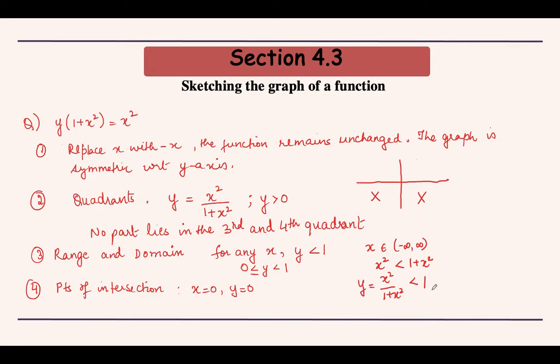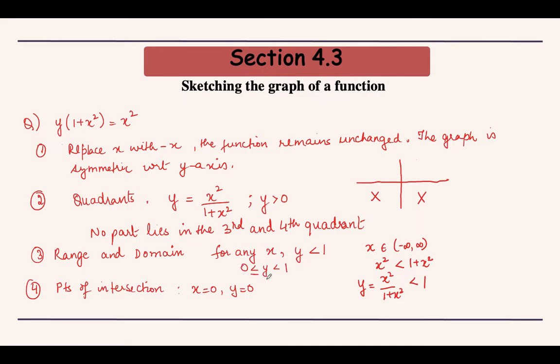So our range part will be that y is less than 1, and on the other side we have the other limit, because each of these terms is definitely going to be positive, so the entire expression is going to be a positive expression. So our y has to be between 0 and 1. This is our restriction for the range.